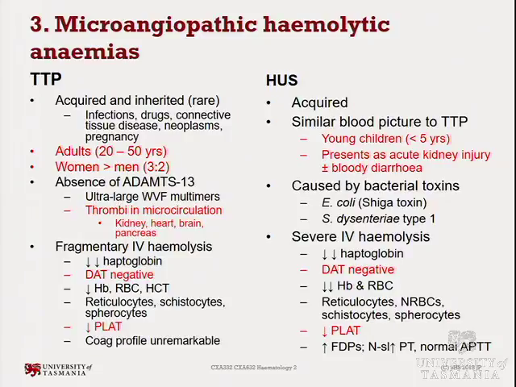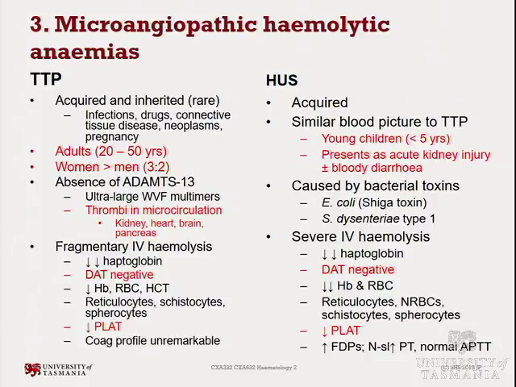And so when we have an absence of this enzyme, and it can be either an inherited or acquired absence, then we don't get the cleaving of the von Willebrand multimers, and so we tend to get spontaneous activation of platelets because these large multimers are able to interact with the platelets far more easily. So we can get strips of von Willebrand factor with a number of platelets attached to it.